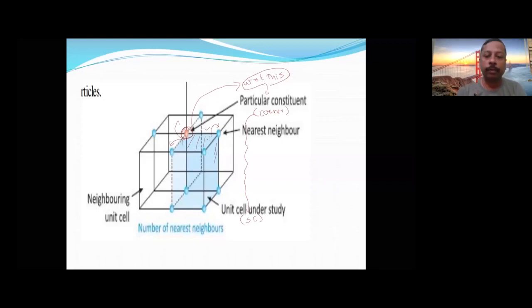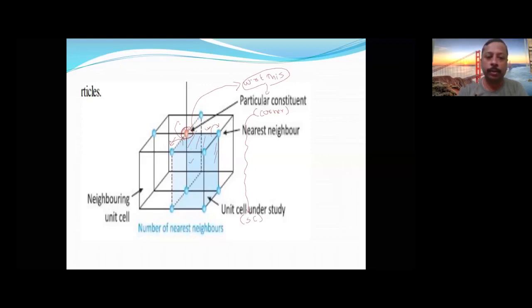We are going to study in two ways: its neighbors within the unit cell and its neighbors outside the unit cell. If this is a corner, within this unit cell this is one neighbor, this is another neighbor, and this is another nearest neighbor.